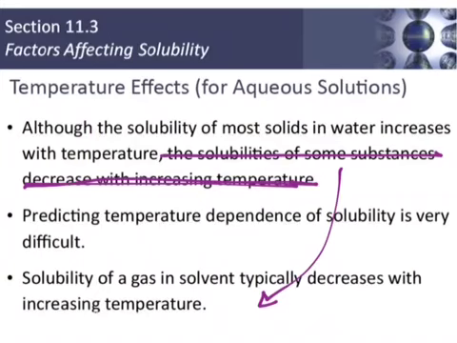Yes? Do salts at high enough temperatures decrease in their solubility, even if they would be liquids or solids at that temperature?